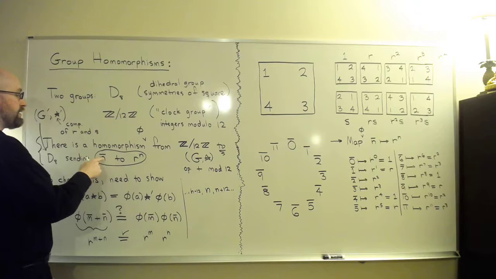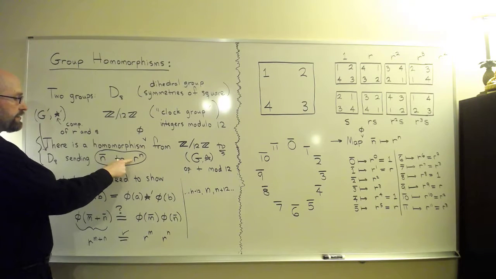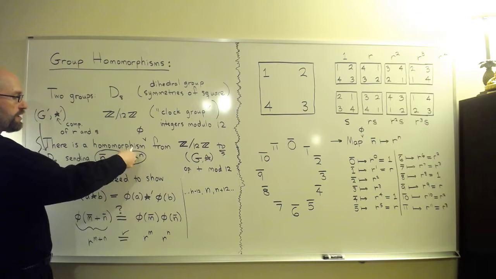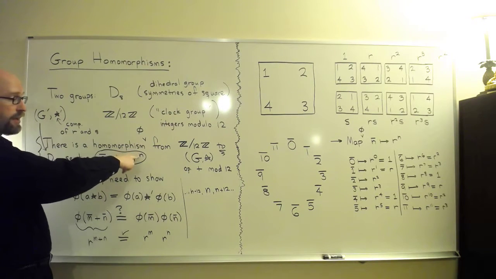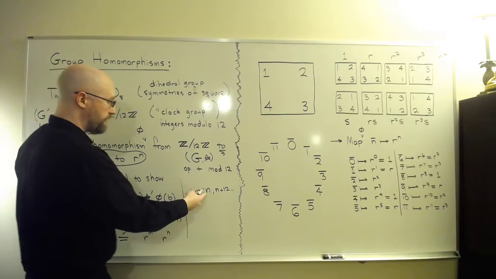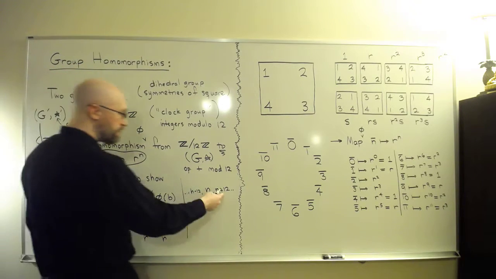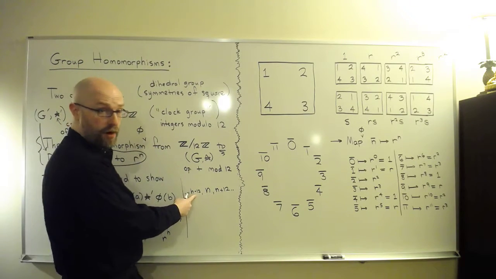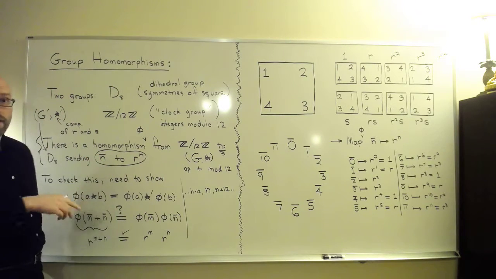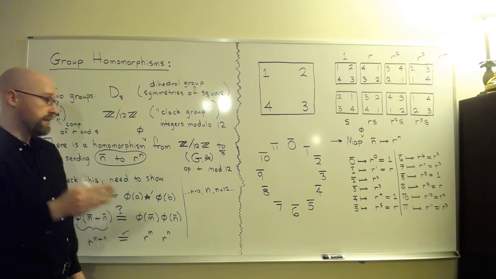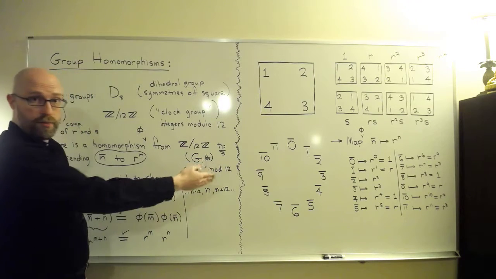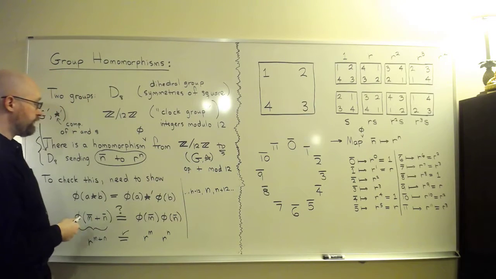Now, for it to make any sense for me to say that I take this equivalence class and I send it to the operation where I rotate that square n times, it's not at all obvious that it would be the same if I took this particular n, or if I took the n plus 12, or if I took the n minus 12, because this equivalence class has all of those in it, n plus any multiple or minus any multiple of 12.